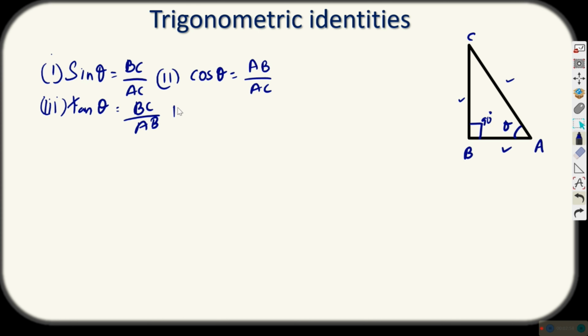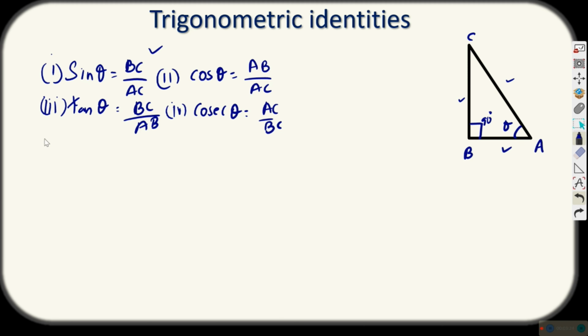Then comes the fourth ratio of the right angled triangle, which is cosec theta, related to sine theta, 1 upon sine theta. So we need to write the inverse of it. Inverse of sine theta will be AC upon BC, correct?